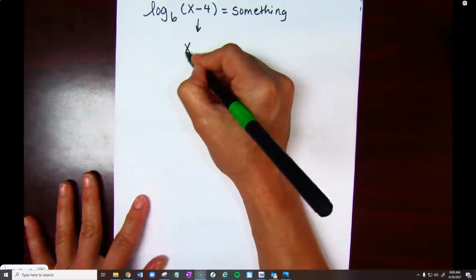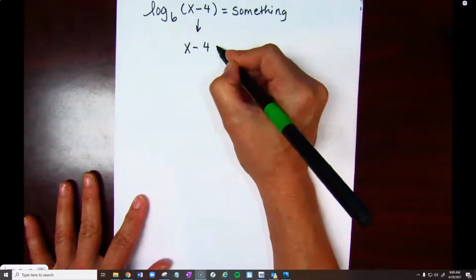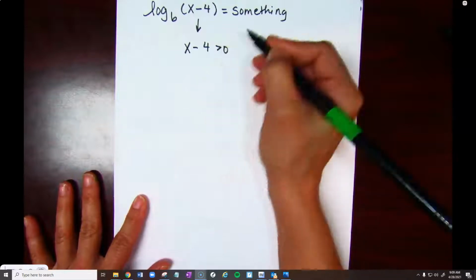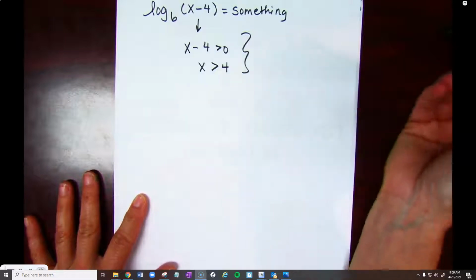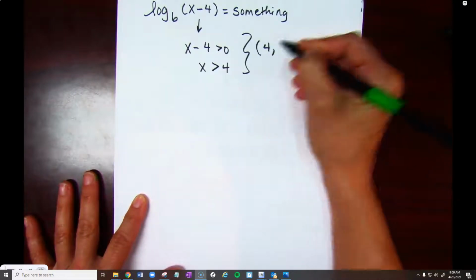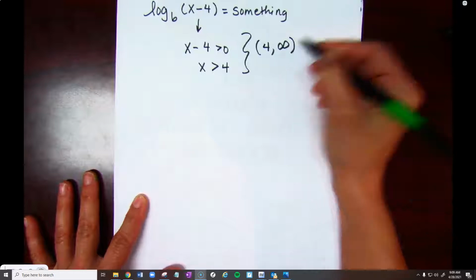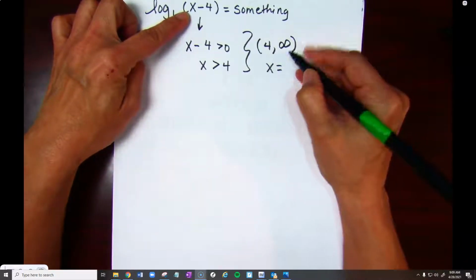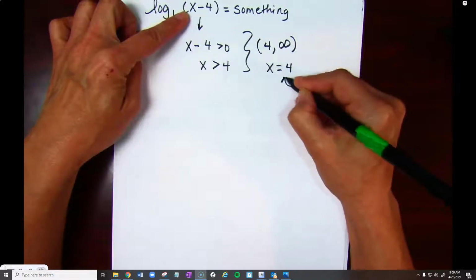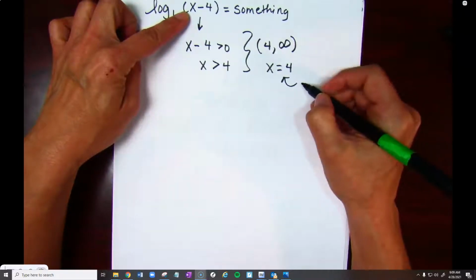Remember, it cannot be negative, so it has to be greater than 0. So x has to be greater than 4. So my possible answers here are going to be from 4 to infinity. And if you remember, if I graph that, I would have a vertical asymptote of x equals 4. So all of that will make sense why the domain is restricted.